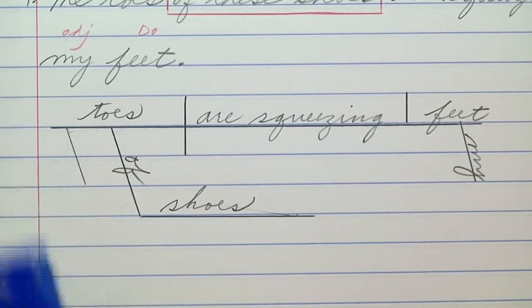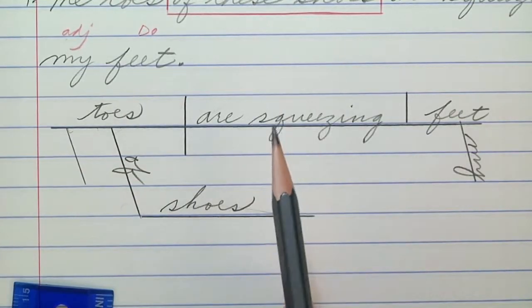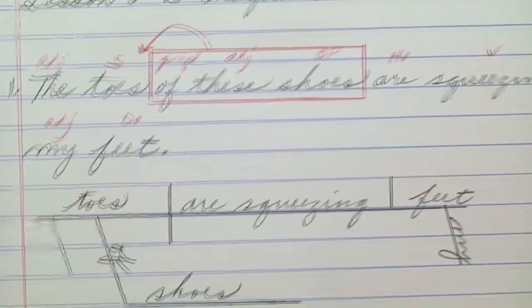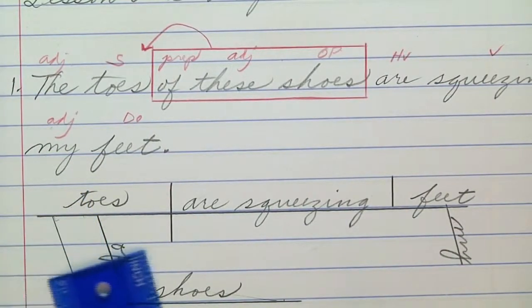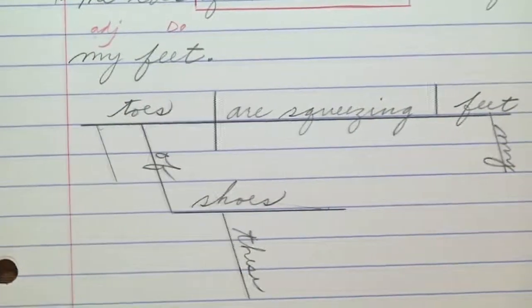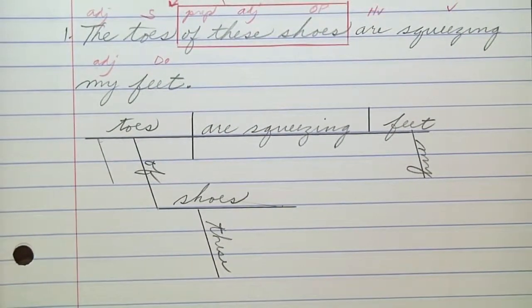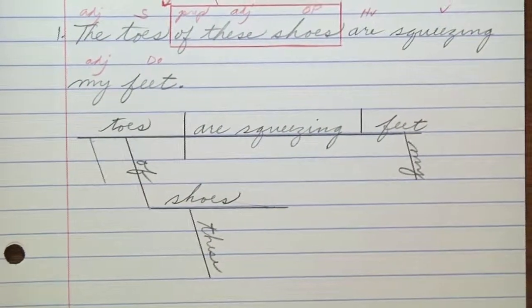And then, because I have an adjective describing the noun shoes, these shoes, well, we know adjectives go under the nouns they're describing. Shoes is a noun, so what do you know? I'm going to put these right underneath shoes because that's how we know how to diagram adjectives. And there we have it.